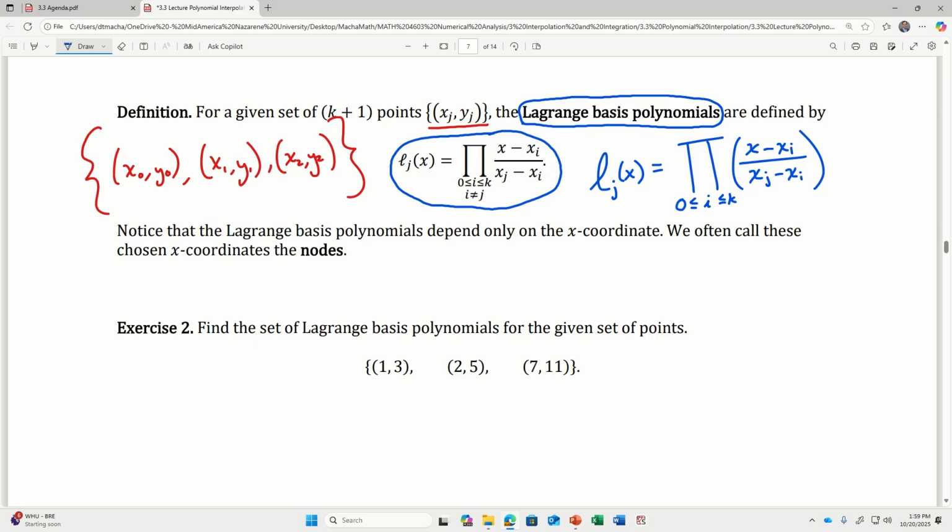There's actually only k factors in this product because we're going to intentionally leave out the factor where i is equal to j. That last little bit in the subscript is saying, I don't want my i index to be equal to my j index because then I would be dividing by 0, right? So we do not want to divide by 0. We leave that one out. And if I leave that one out, then there's only k factors.